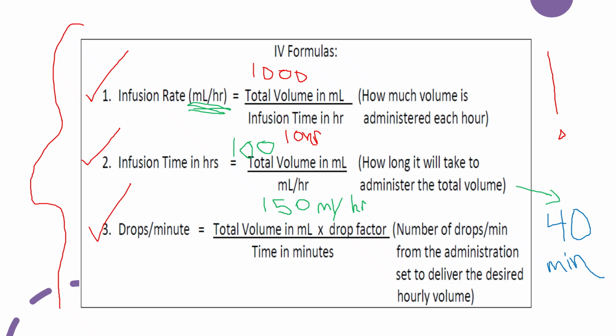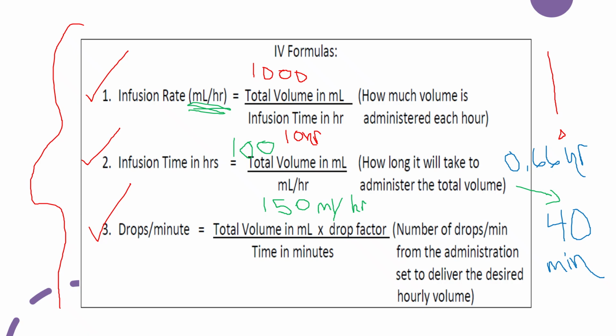So it's going to go in faster than an hour, which the answer works out to about 40 minutes, which is 0.66 of an hour. So the answer was 0.66 of an hour. And when you times 0.66 by 60 to figure out how many minutes, it works out to 40 minutes. I shouldn't have did such a confusing example.